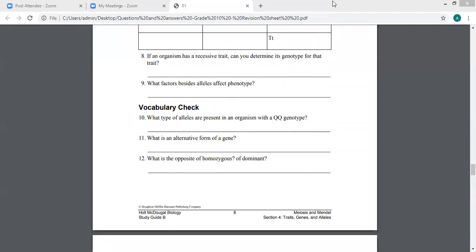All of these factors may affect the alleles. So number 9: environment, maybe sunshine, maybe nutrients.